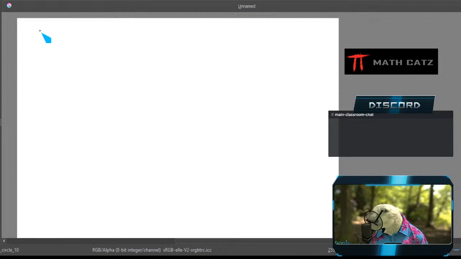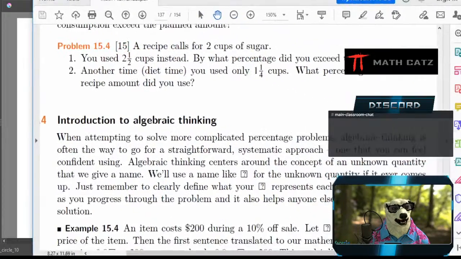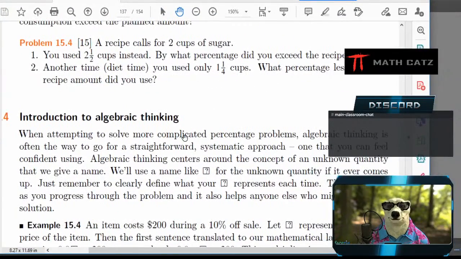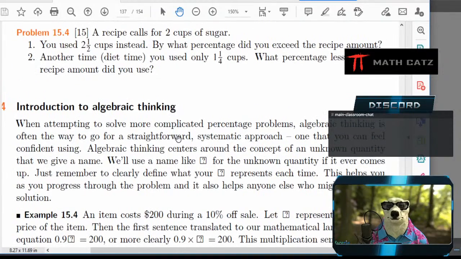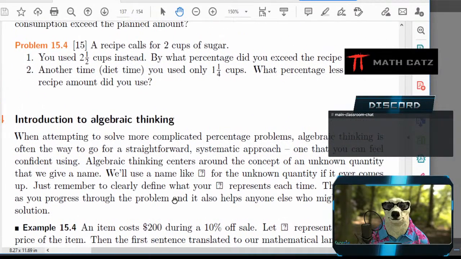Okay, so we're still talking about percentages, and I don't have an exercise I want to look at right now. I have an example. Now, I will start by saying I'm hiding it at the bottom here because there's a typo in there. I just want the question. I don't want to look at the rest of it in the book. There is a typo.